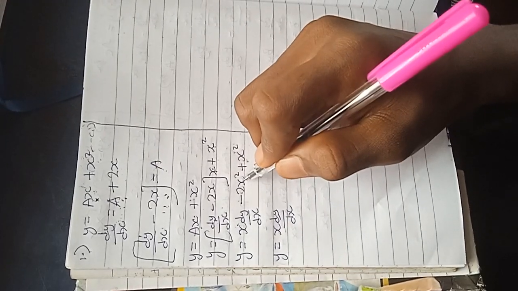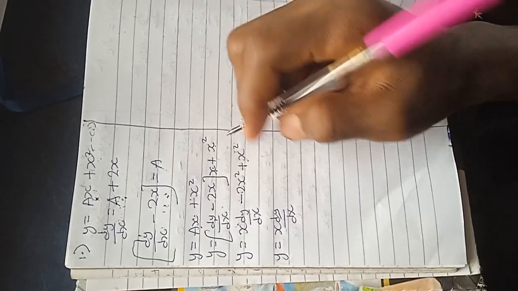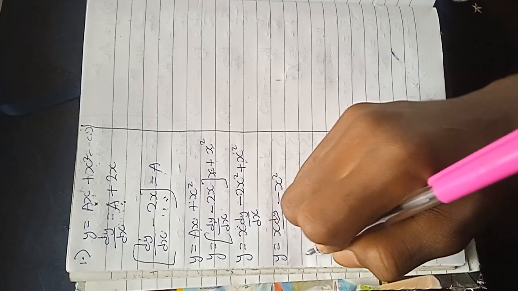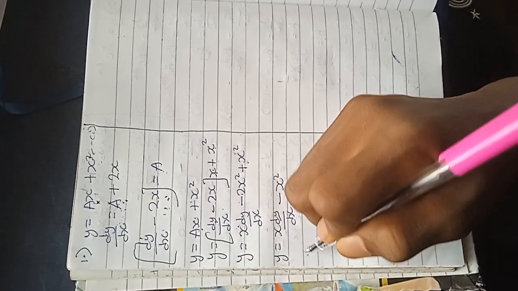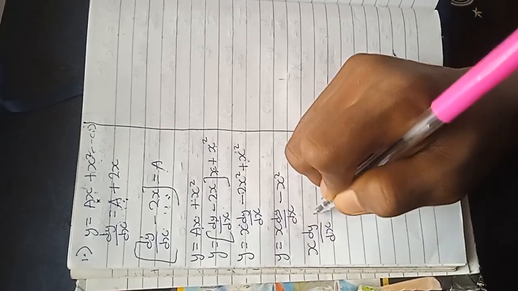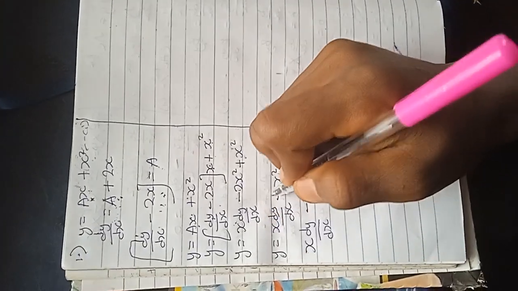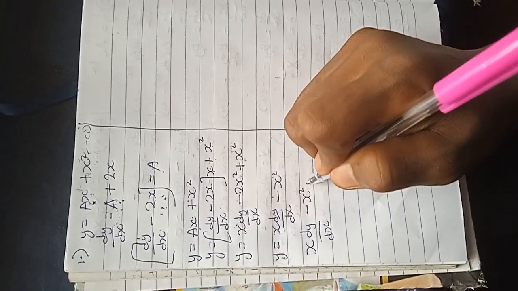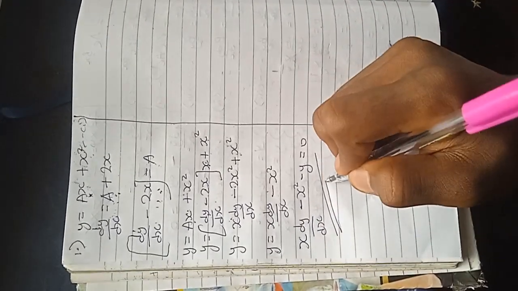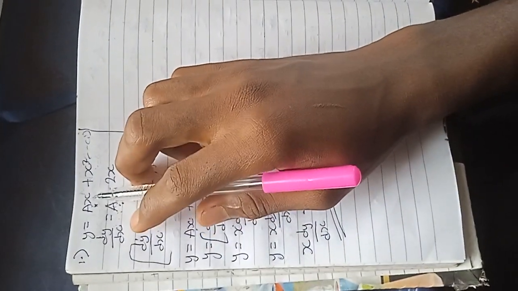That is as simple as saying minus 2 plus 1, which is minus 1. Therefore, minus x squared. Rearranging and equating everything to one side to get our ordinary differential equation, we have x dy over dx minus x squared. y is positive here; once it crosses over, it's going to be negative. Minus y is equals to 0. Therefore, this is the ordinary differential equation corresponding to this equation.